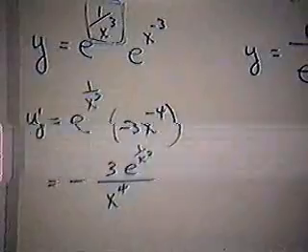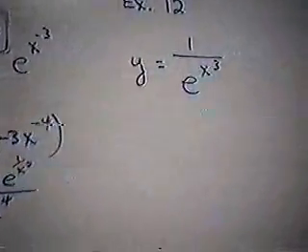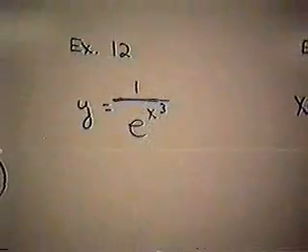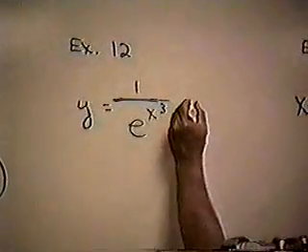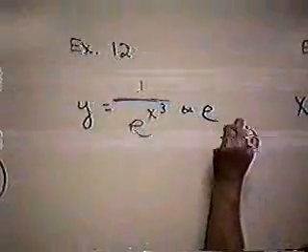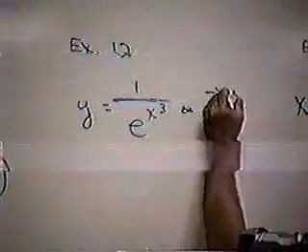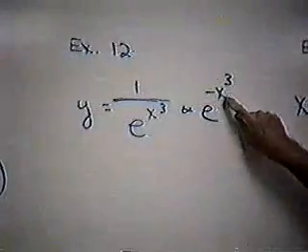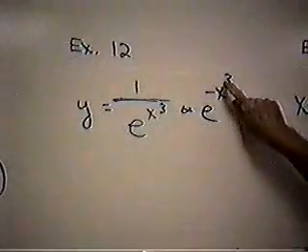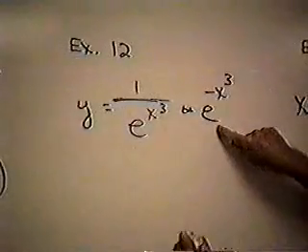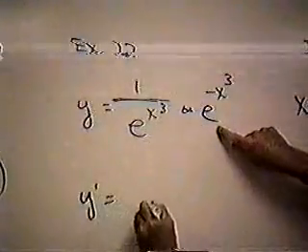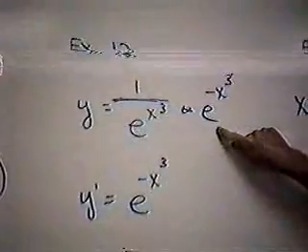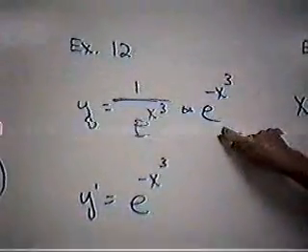All right, let's look at the next example. This is the example now looking at the difference between these two. And what this means is 1 divided by e to the x cubed, or e to the minus x cubed. Big difference now. This is minus all of this, not a minus 3 power. So the derivative of this is itself, e to the minus x cubed. See what I'm doing?